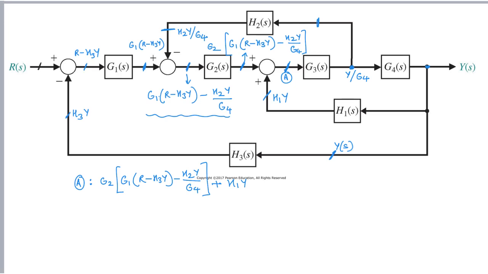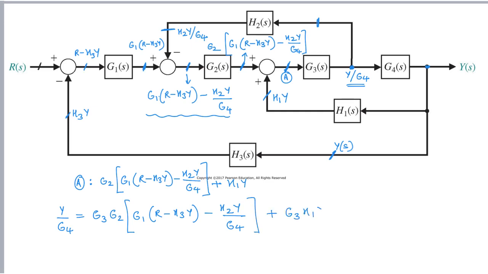So the signal after G3, which is Y over G4 as well, we can write Y over G4 equal to the signal at A times G3. So you have G3 G2 (G1 (R minus H3Y) minus H2Y over G4) plus G3 H1Y.